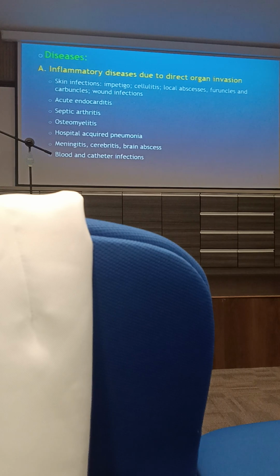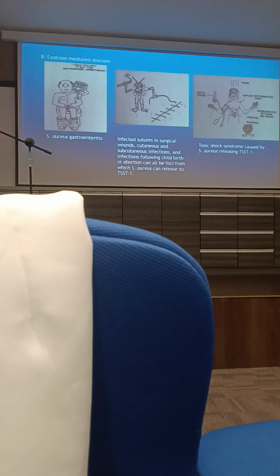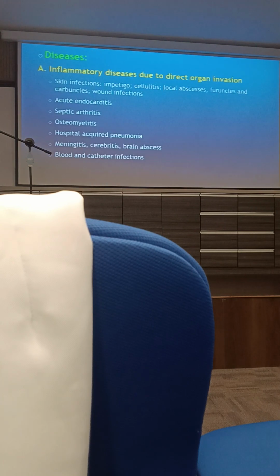So the diseases they cause can be divided into inflammatory diseases and toxin mediated diseases. Inflammatory ones include skin infections: impetigo, cellulitis, abscess, furuncles, carbuncles, wound infections. You would see this in the skin lecture.